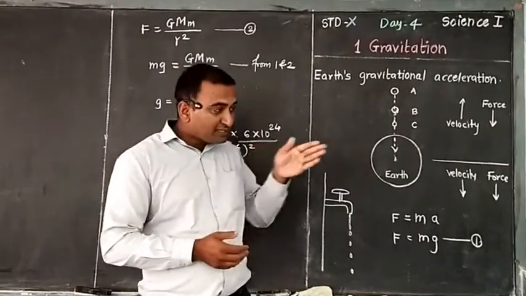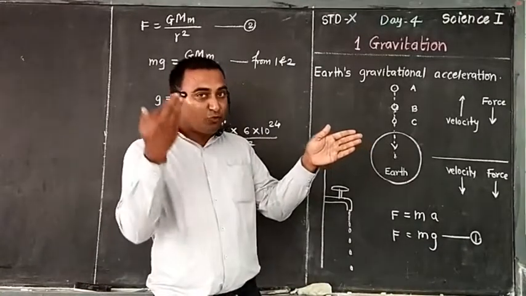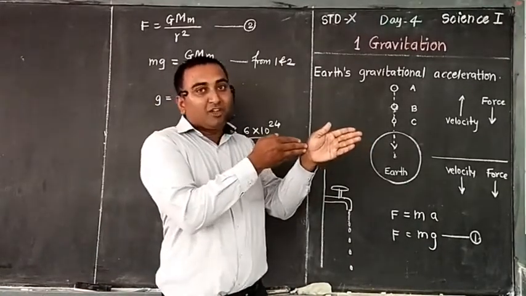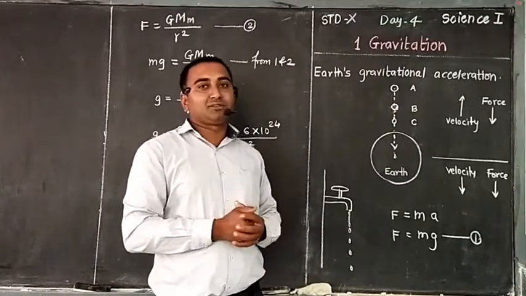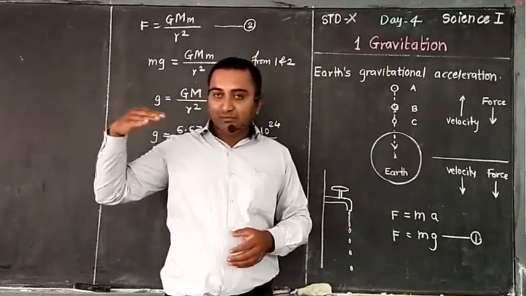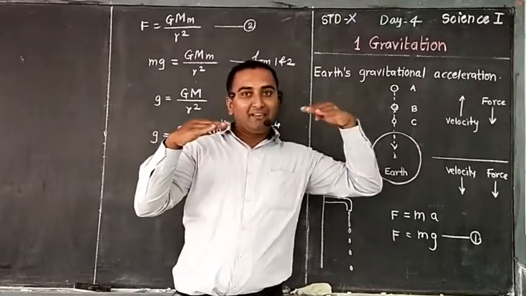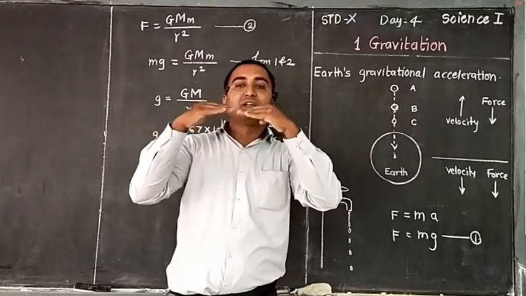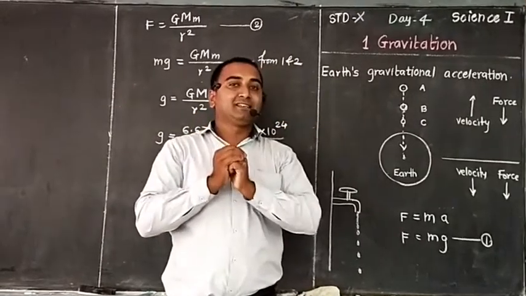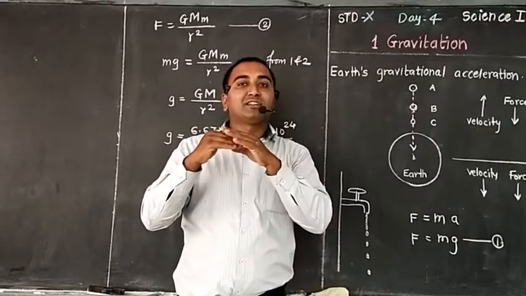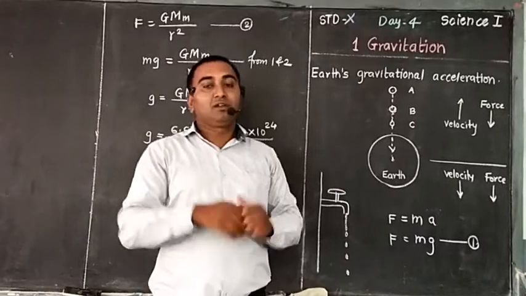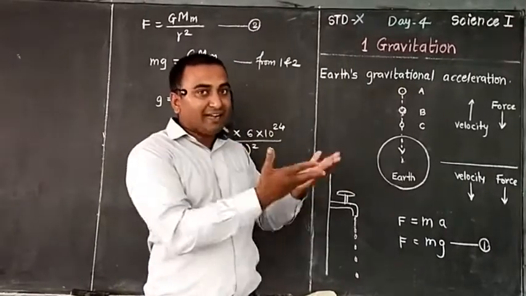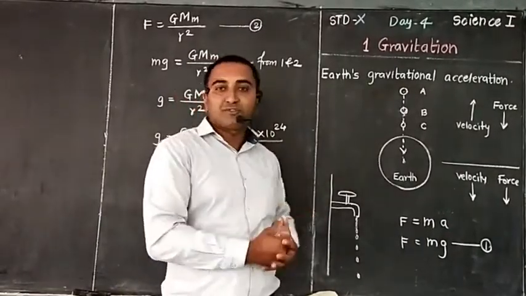If an object is moving in one direction and the force is from behind, velocity increases. Then it is considered positive acceleration. If the object is moving this way and we apply force from the opposite direction, its velocity decreases. That means the initial velocity is more and the final velocity is less, which is negative acceleration. Initial velocity less, final velocity more, positive acceleration.